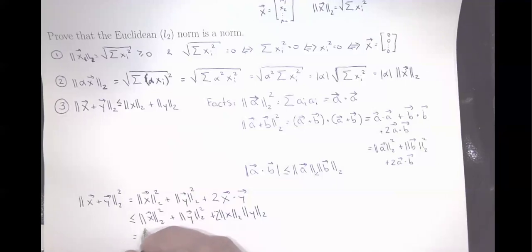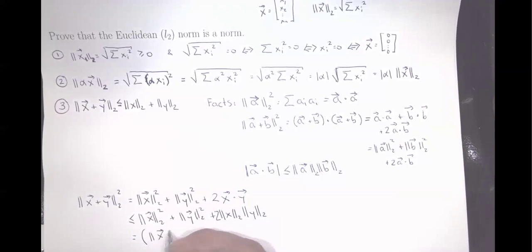But this is equal to the norm of x plus the norm of y squared. Just by looking at that, noticing that it's the completion of that square, right? We've just factored it.